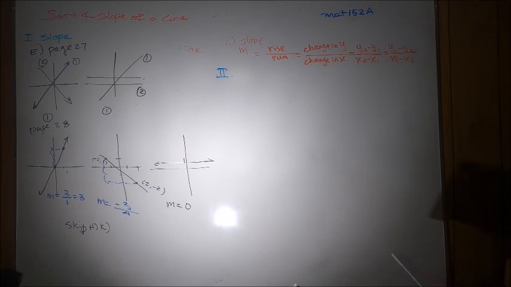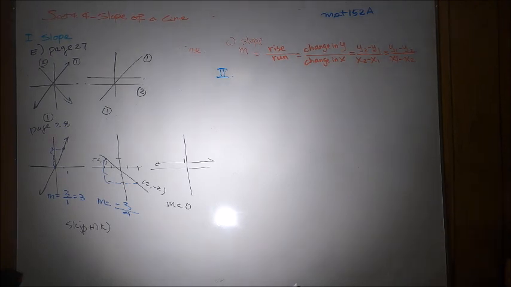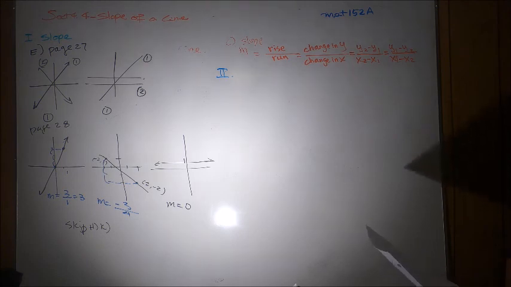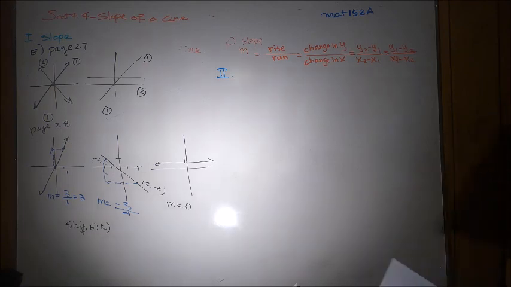Then let's take a look at something called slope-intercept form of the line, of the equation of a line. So we are going to do something more, and we have 3 examples here.